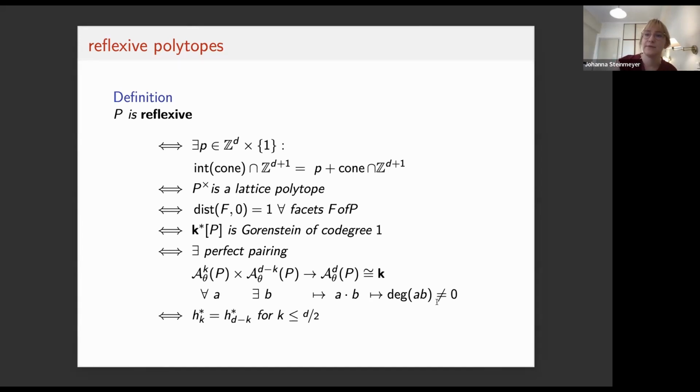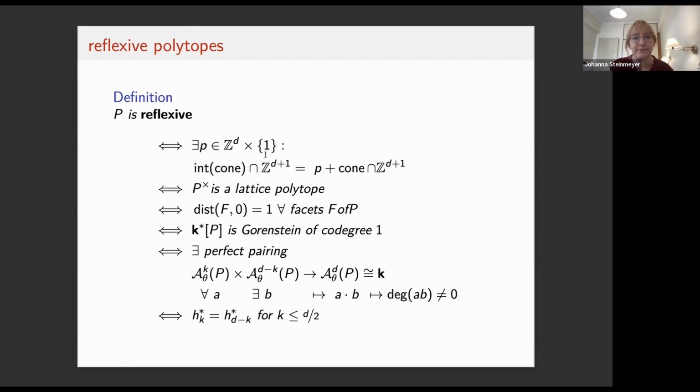For every element in degree k, we can find an element in degree d minus k to pair it with non-trivially. Now I put this little degree thing here, that is this isomorphism, which is technically quite important. We're not going to go into it too deeply, but it does matter.